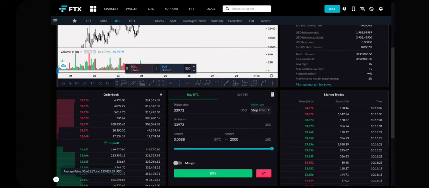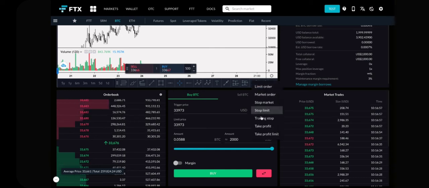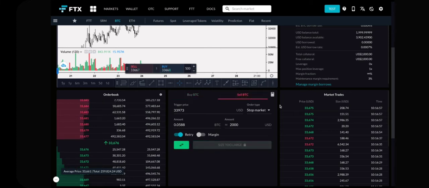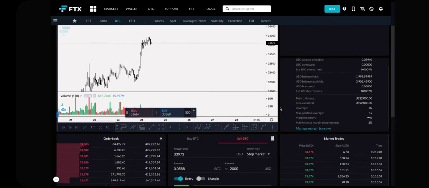Stop limit is a bit more complicated as well. I'll cover stop market first and show you the sell side of it. This is the most common use for a stop market order. It's just like we had shown on the initial order a minute ago. A stop market is when you want to place a trade below the current price, or below whatever price you're in, to stop the trade if it goes too low.